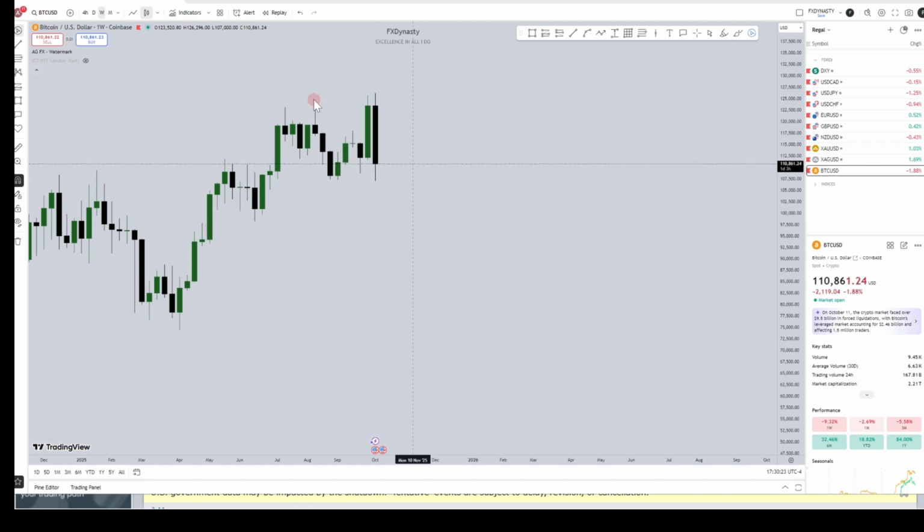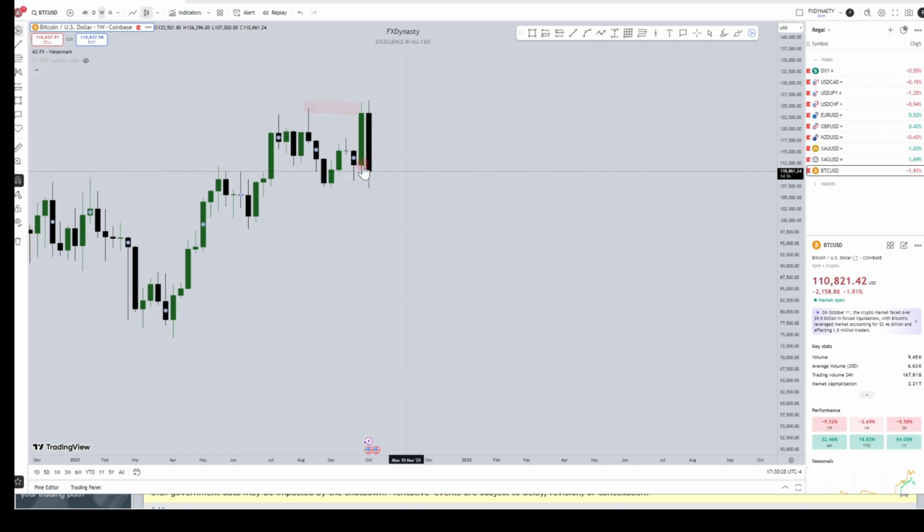The weekly also, you can see we tried pushing up, but that failed, and you see that we have closed below this bullish weekly candle.